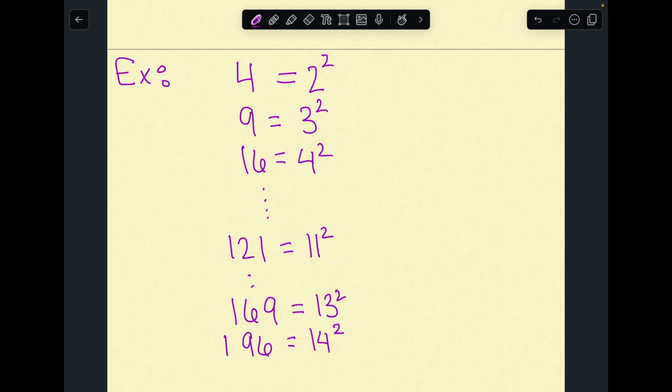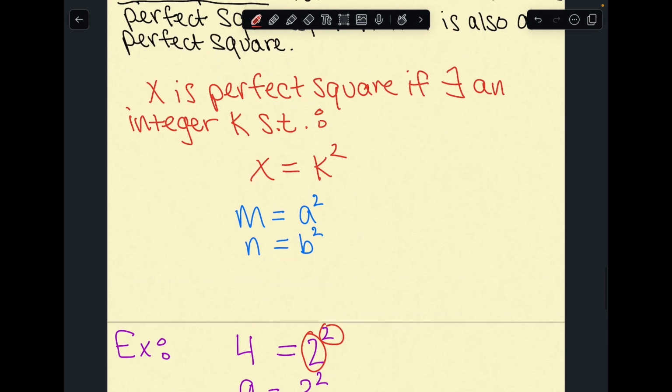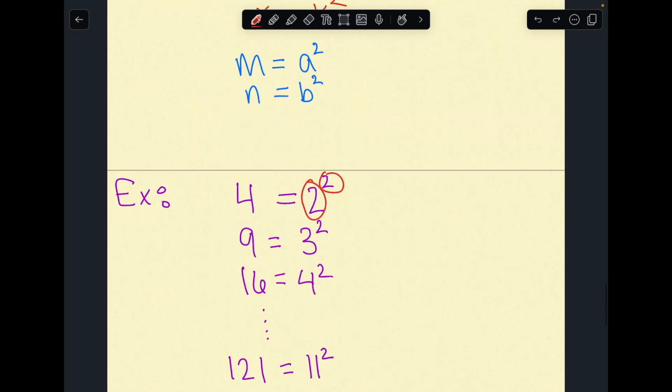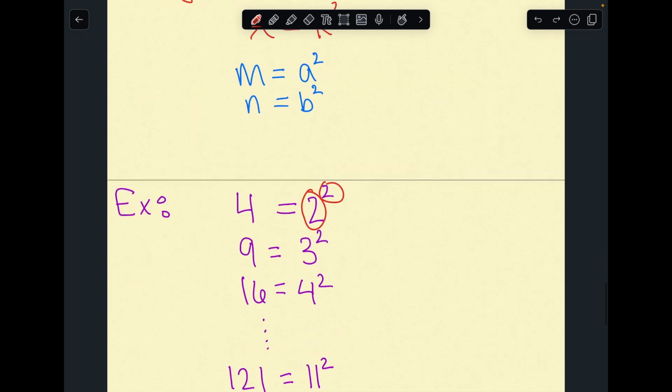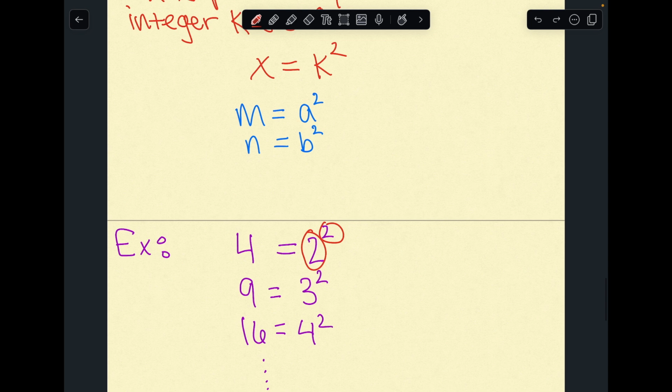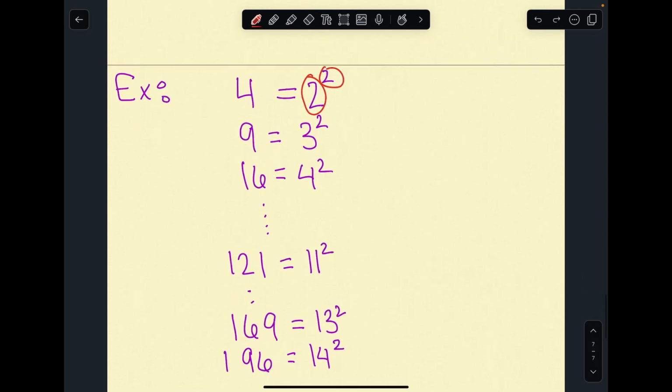So you can see that for each perfect square, it is true that you can rewrite them as just an integer squared, which is all the definition is stating. You've got a perfect square, you can rewrite it as an integer squared. And like I said, for the sake of this example, I want m and n to be different perfect squares, to make sure that we don't get confused here.